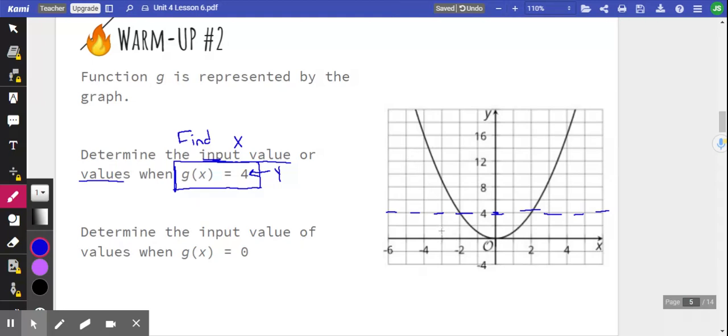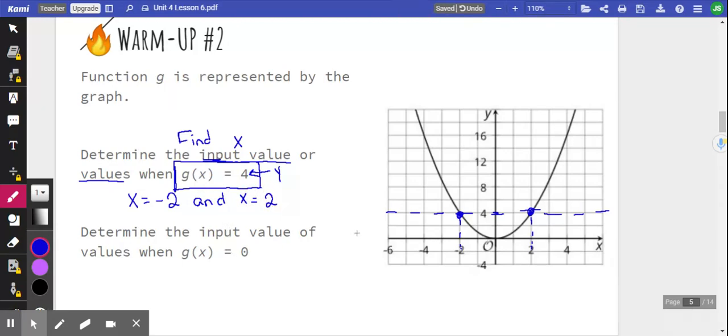Okay, so we have to look left to right. When I look at that, I can see that there are 2 places, this point right here and this point right over here, that both have y's that are equal to 4. One of them happens when x is -2, because when I follow down, that's where it shows up, and the other one at +2. This graph is very symmetric, which is why that's happening.